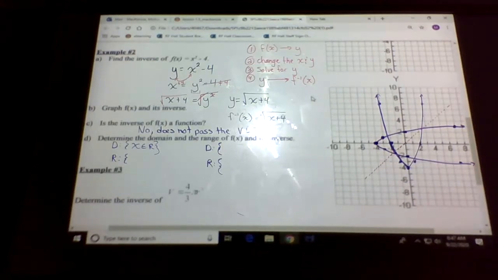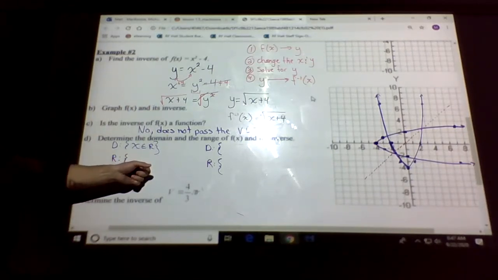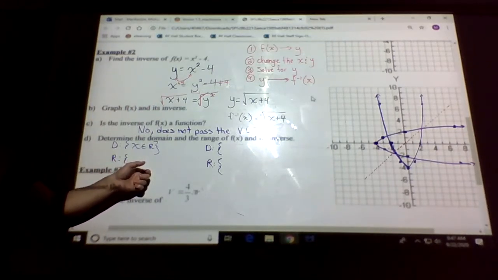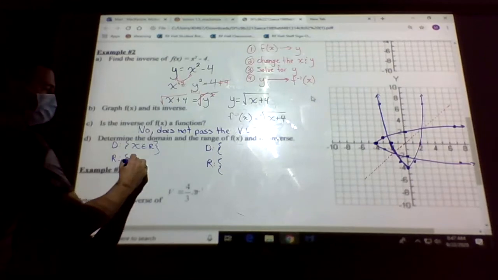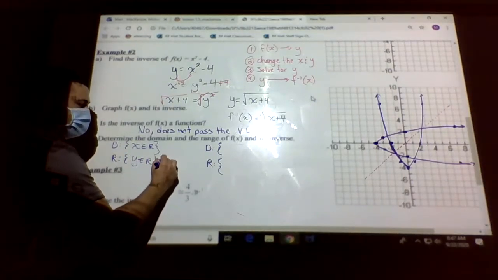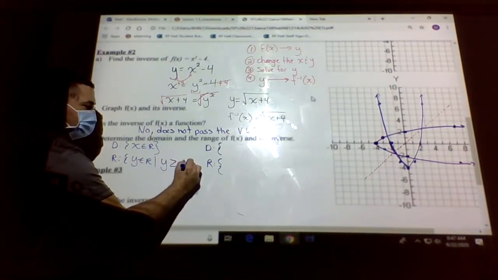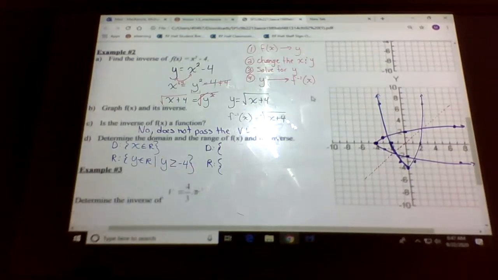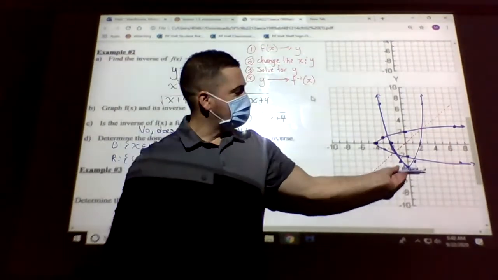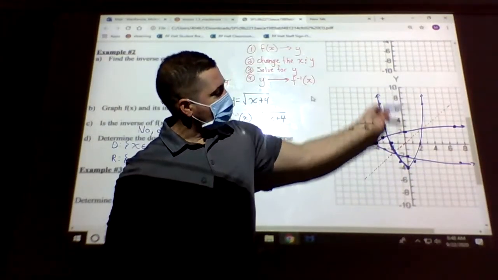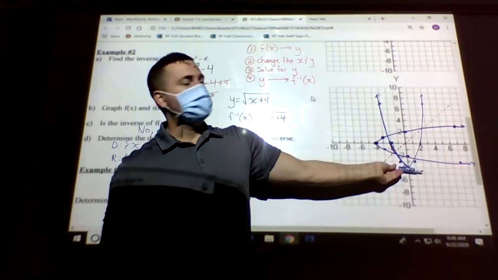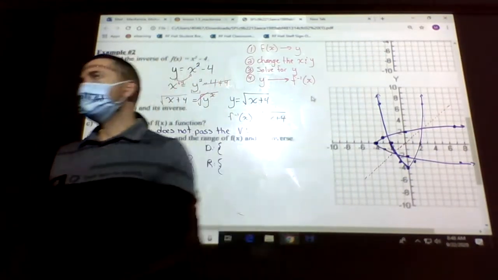But x ∈ ℝ for just a regular quadratic. Okay, our range. Range, go again. y ∈ ℝ such that y is greater than or equal to -4. Excellent. Okay, so y ∈ ℝ such that y is greater than or equal to -4. Okay, so it's all our y values touching -4 and upwards.